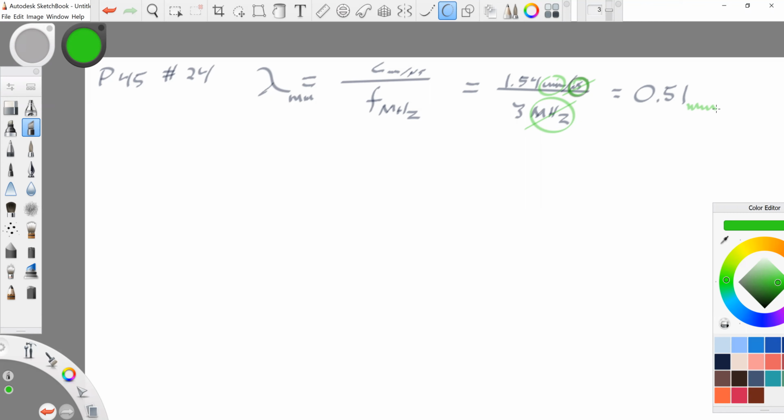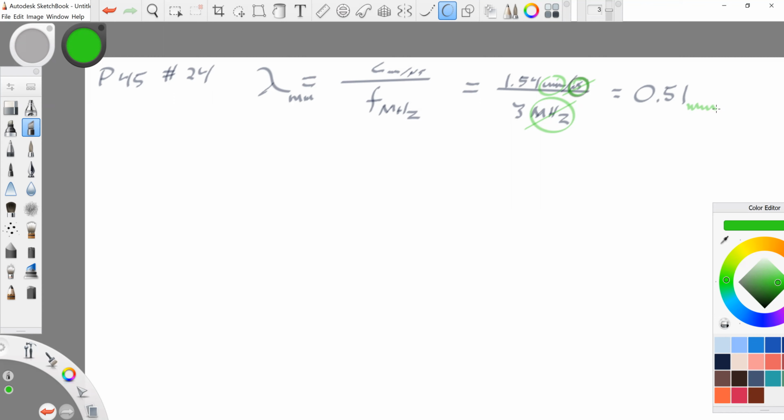Let's look at 25. What is the wavelength of a wave with an unknown frequency traveling in soft tissue? There's no math on this one. This is, once again, just a units question.